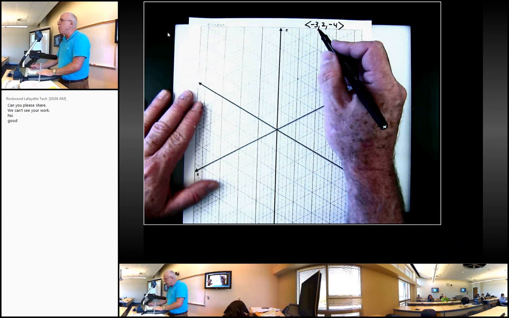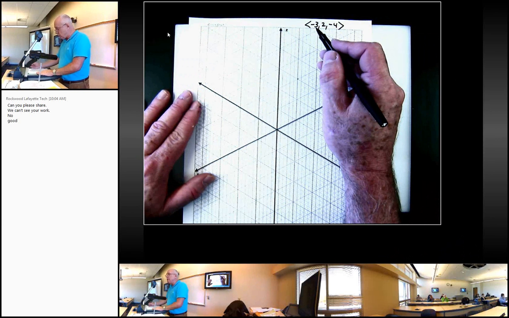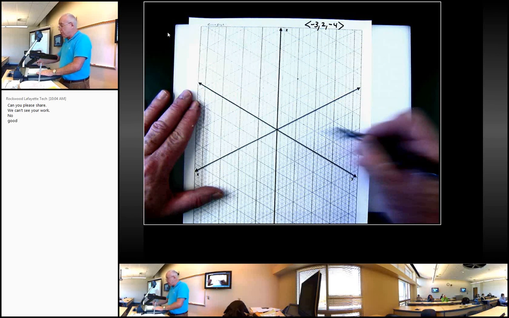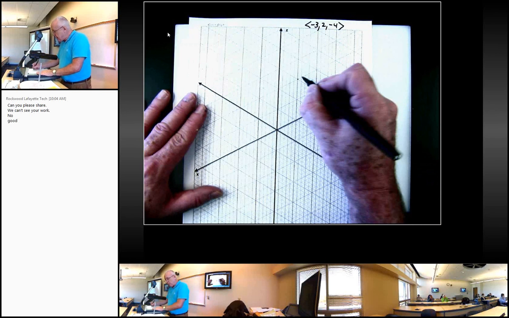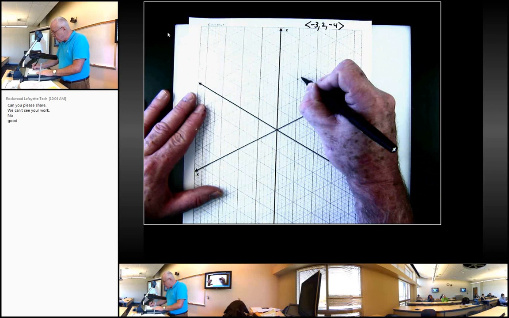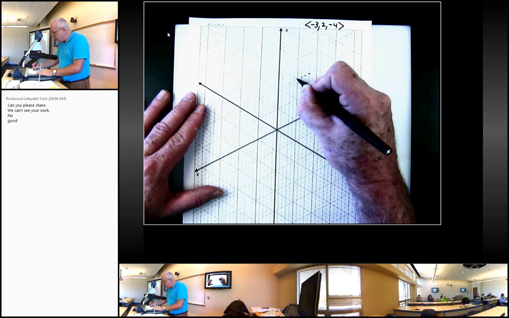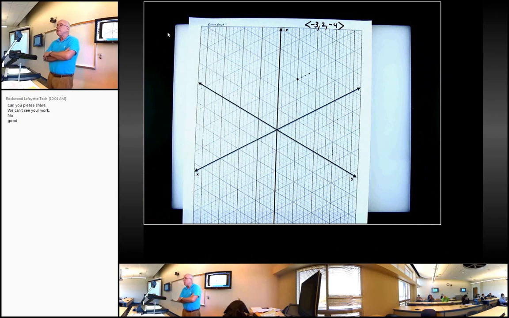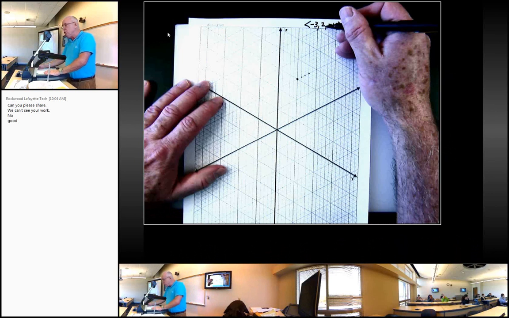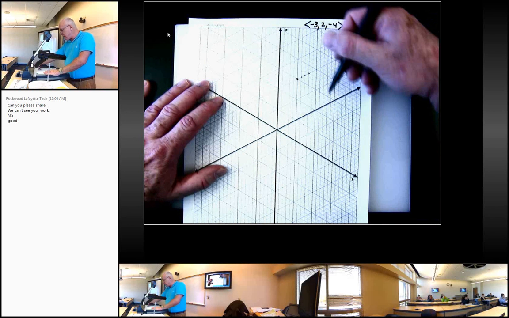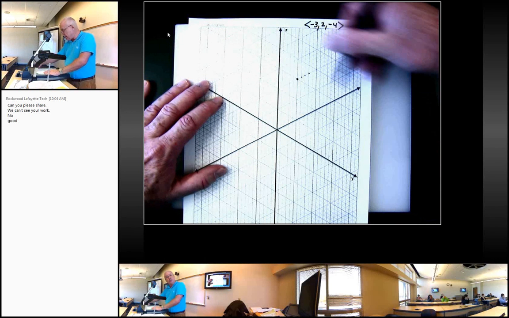Now, what does this say here? It says we go -3 in the x direction. The x is on the line this way. If I'm going to go -3, that means I go in this direction. So that's 1, 2, 3. Let me put a little bigger circle there for the tail. Then I'm going to go 2 units in the positive y direction, which is going down like this.